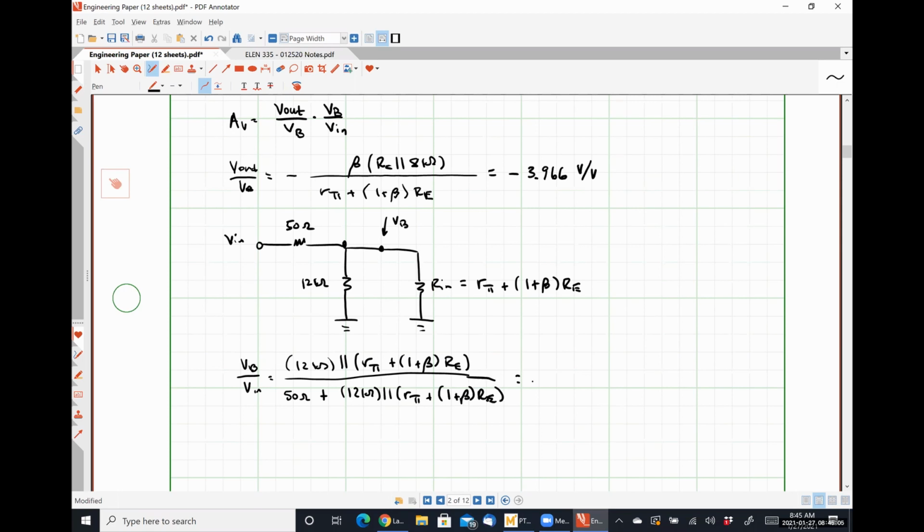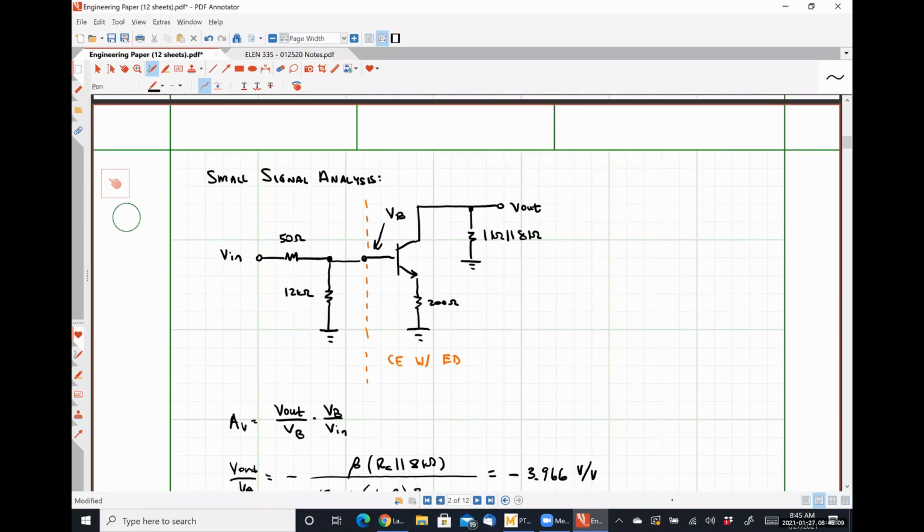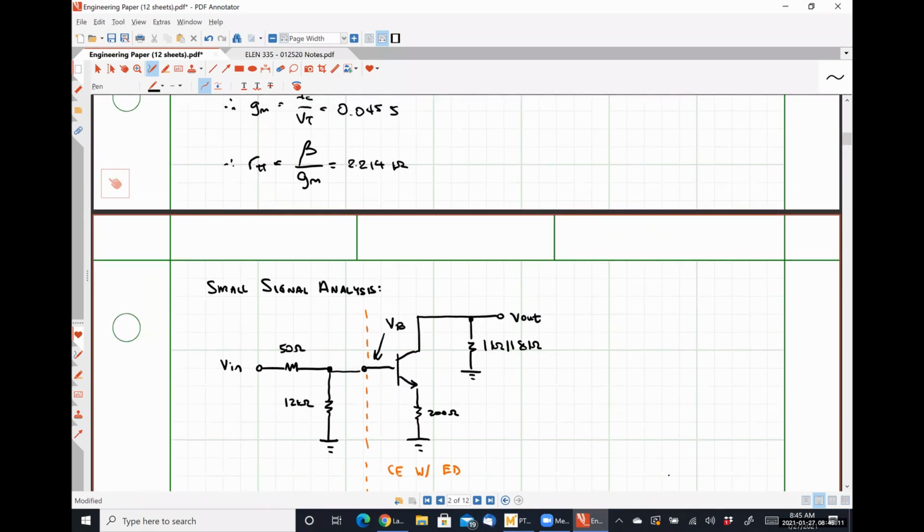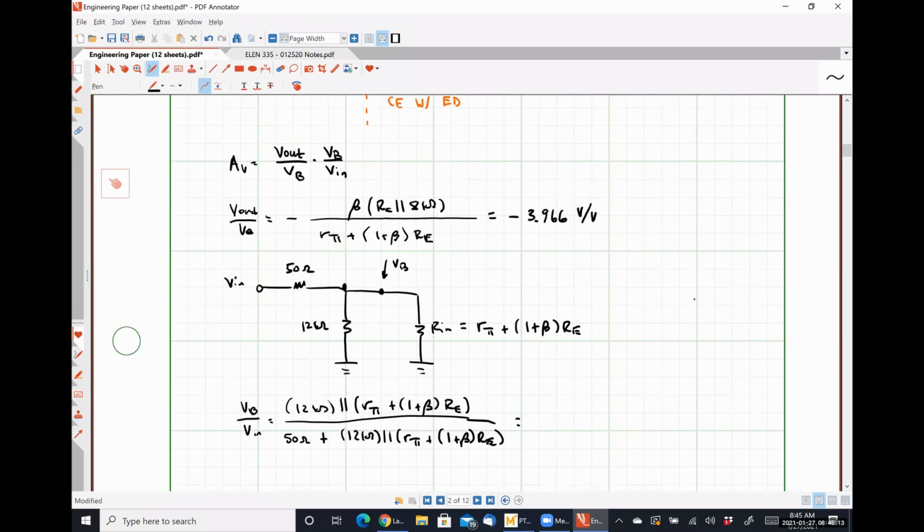So if we substitute in our numbers here, let's do this. R pi was 2.214K. All right, so I have 12 times 10 to the 3 times X.